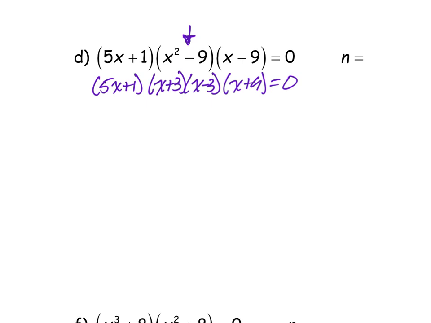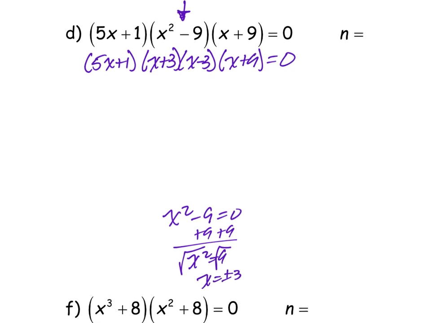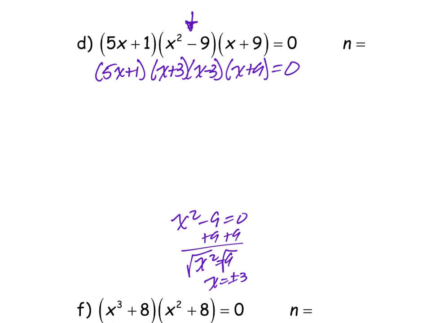Or I can also say, if I wanted to write that x squared minus 9 equals 0, I could add 9 to both sides. And I get x squared equals 9, and you take the square root of it, and x equals plus or minus 3, which I'm going to get if I solve here. So either way you want to think about it, there's 2 different ways to think about that. x squared minus 9, because the squared is on the inside of my parenthesis and not the outside, so I can think about it two different ways.